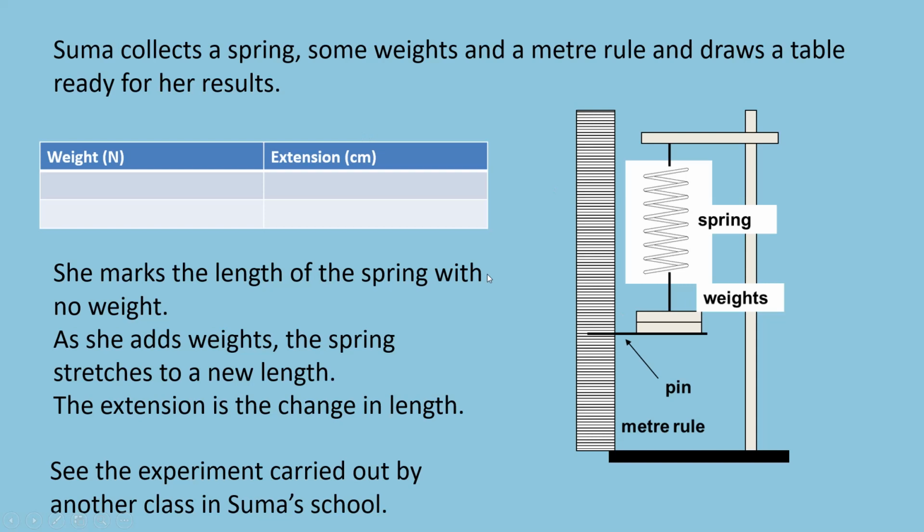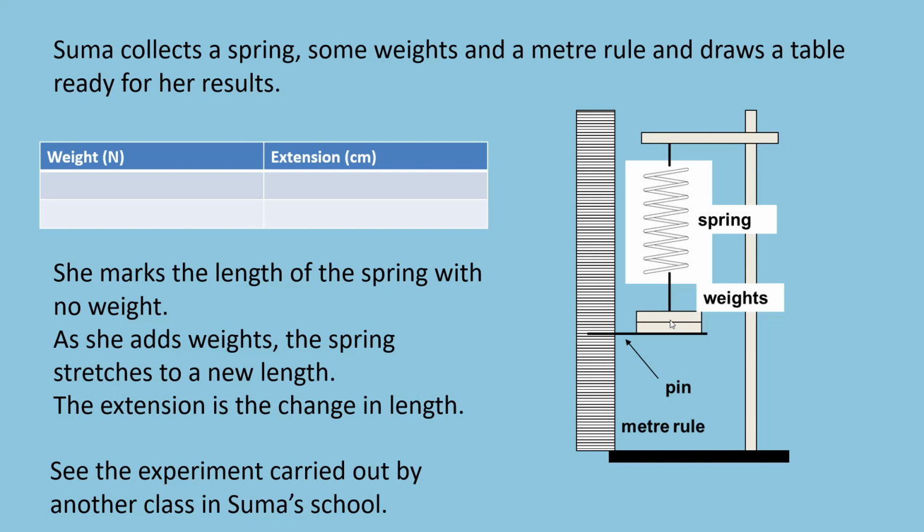The extension is the difference in length. When we put the weight on the spring, how much length the spring will extend. So I will repeat, the extension is how much length the spring will elongate, will stretch.